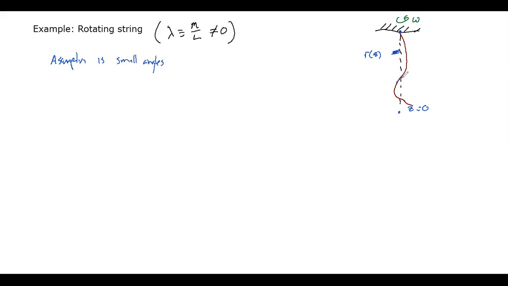Which means at no point is the curvature of the string bigger than would allow us to use the small angle approximation, which is maybe about 15 degrees. So, you know, look back at that video and maybe you're like, I don't know about that. But it turns out small angle approximation is not so bad.